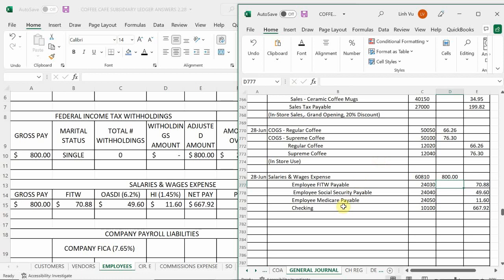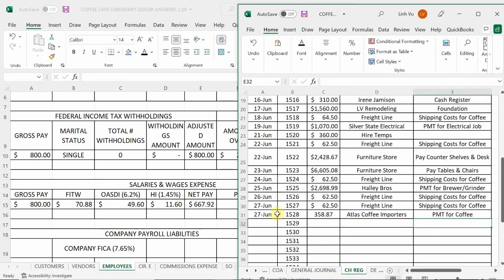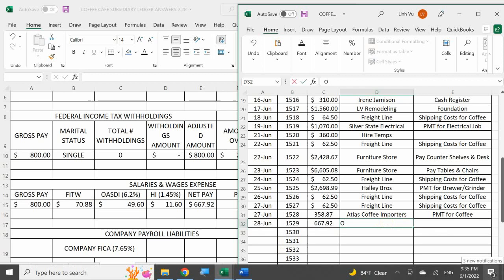And because we have to cut her a check, number 1529 for a total of $667.92. And who is this check going to be written out to? Irene Jameson. Okay?